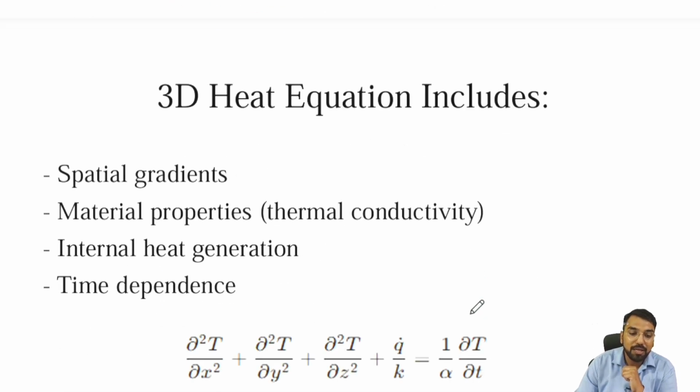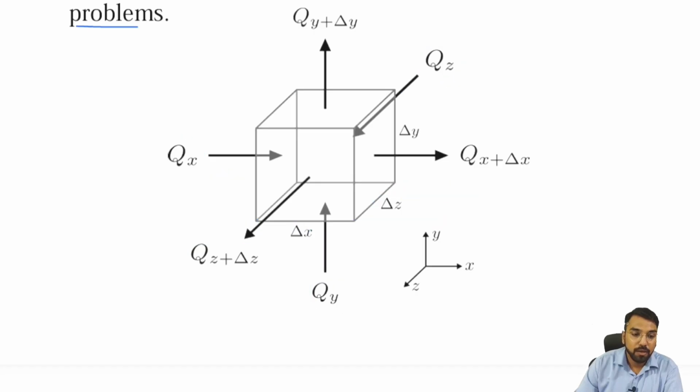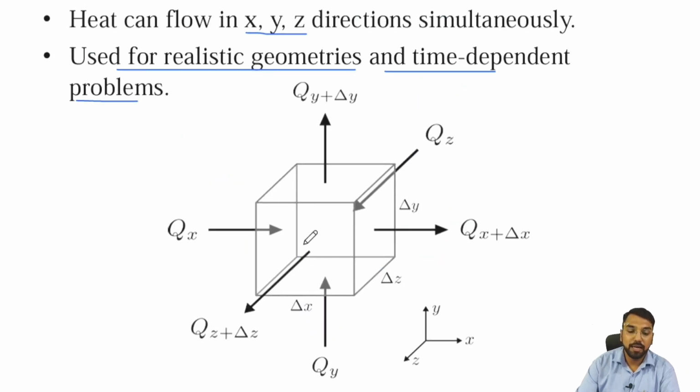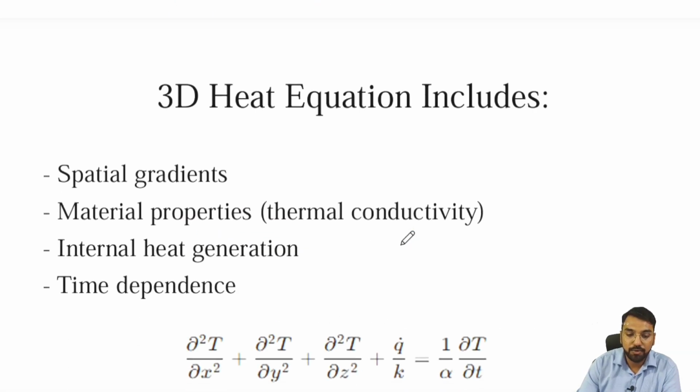So how can the three-dimensional heat equation be calculated? Before this we have just seen how heat transfers along the x-axis, the y-axis, and the z-axis. These three directions of heat are concluded in this equation.